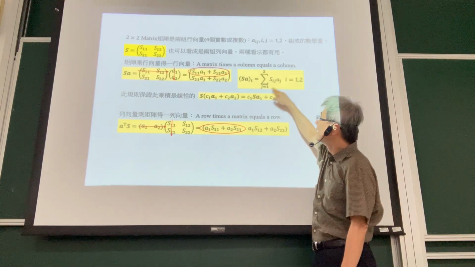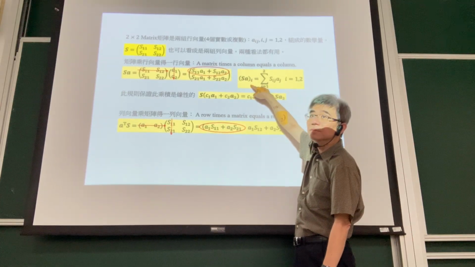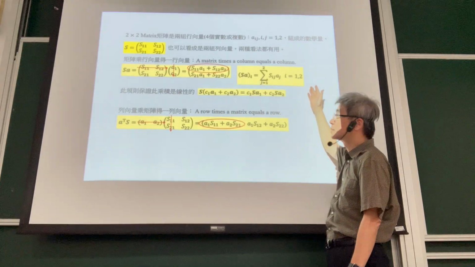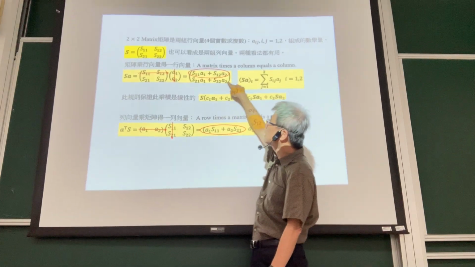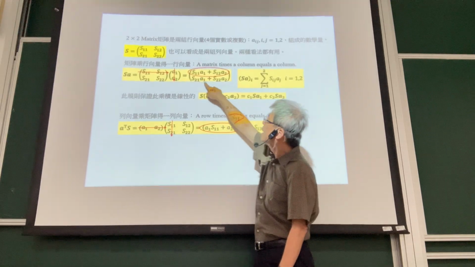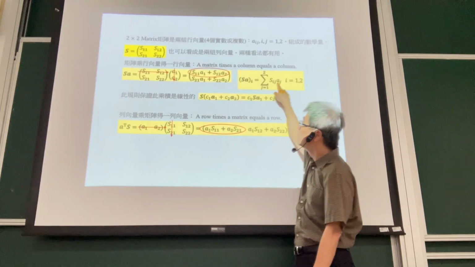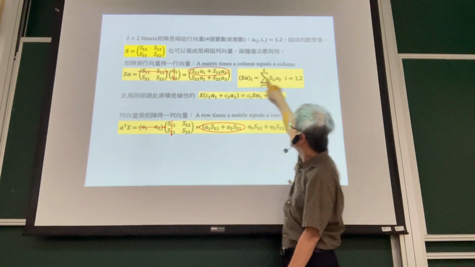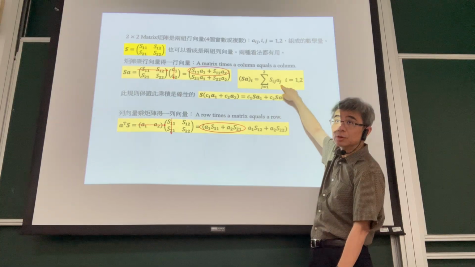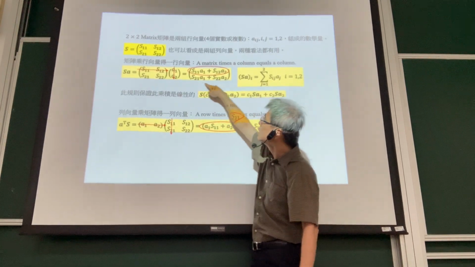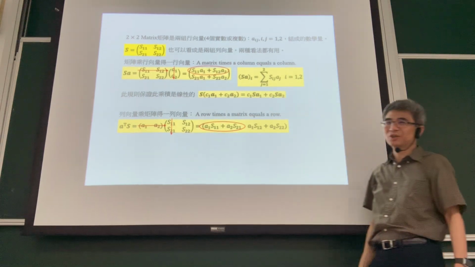Okay, and if i is equal to 2, you can repeat the exercise. It gives you the second one: S21 times A1 for j equal to 1, S22 times A2 for j equal to 2. So for i equal to 2, it's equal to this expression.